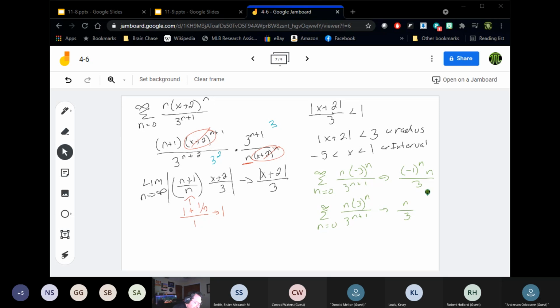So this one diverges. And actually the second one, you're going to do the exact same test on. So this one also diverges. So my answer is -5 to 1 for this one.